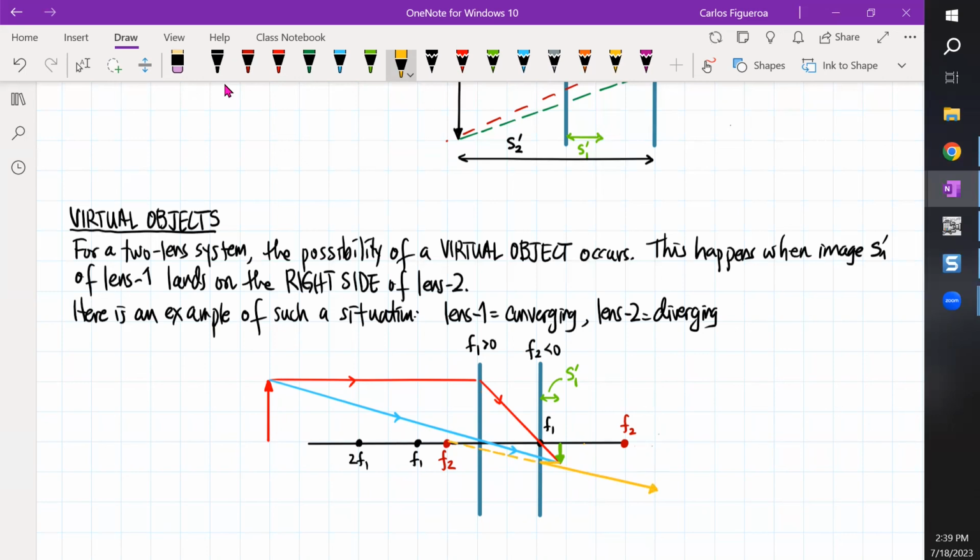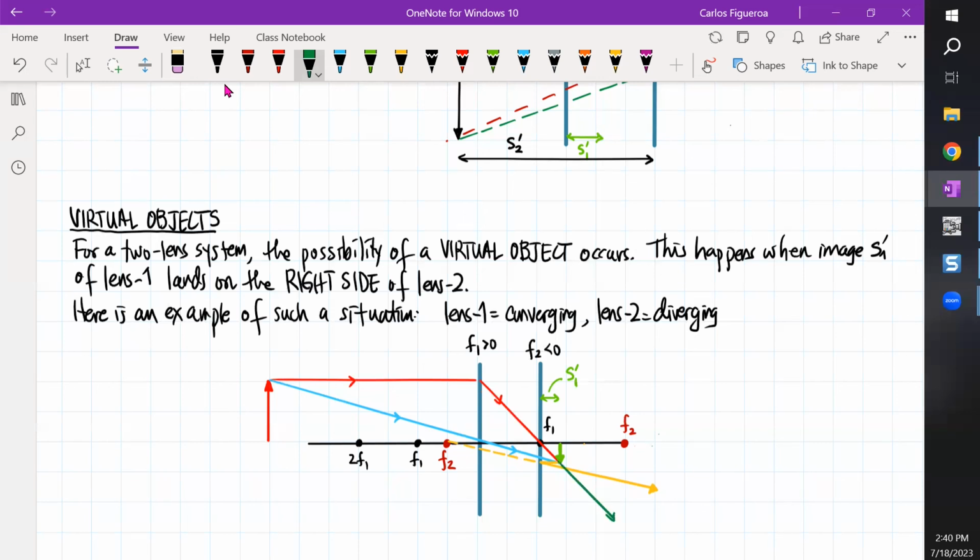Then the second ray, let's pick a different color here. Actually, I'm going to pick dark green. This one has to go through the center of lens 2. So if I do that, that's actually following in the same way as this guy.